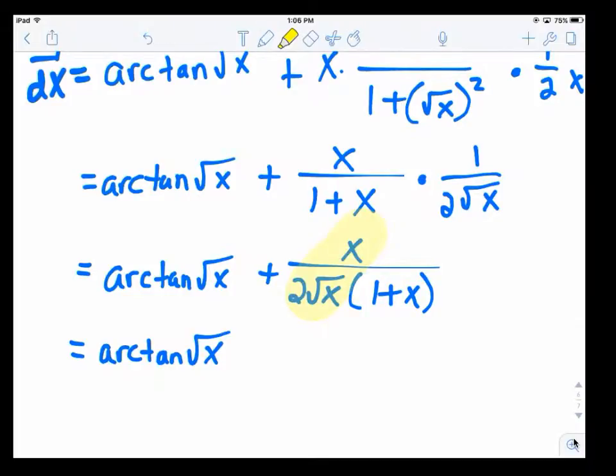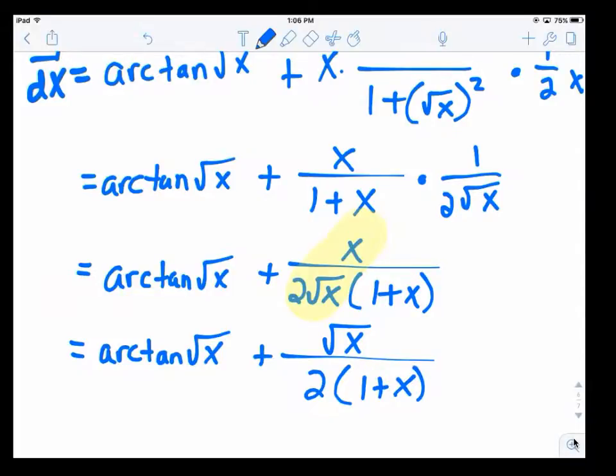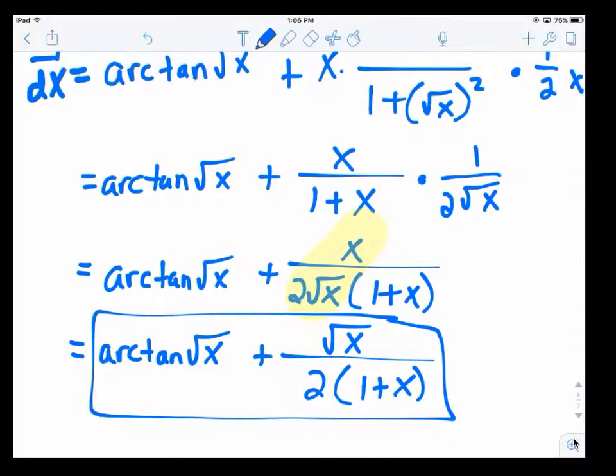So if you put them over each other, you're left with what? X to the 1/2, right? So you can leave this now as radical x over 2 times 1 plus x. And you can distribute if you would like, but you don't have to. Yeah, I think so.